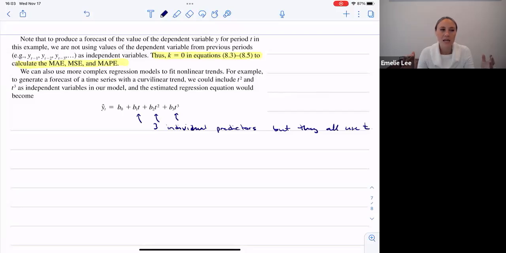Now, one thing I will say is if a linear model is going to suffice, then don't go crazy. Don't build these crazy models, because interpreting t squared and t to the 3 can be a little bit weird. You would have to say that the effect of a year to the power of 3 is 0.4 or something like that.